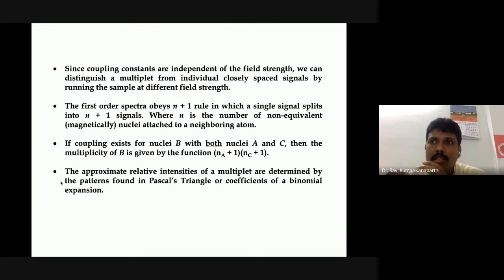So this rule is applicable for a first order spectrum. And similarly, let's say you have different sets of nuclei on the adjacent atoms. Even then this n plus 1 rule is applicable. For example, in the carbon skeleton, imagine you have ABC.